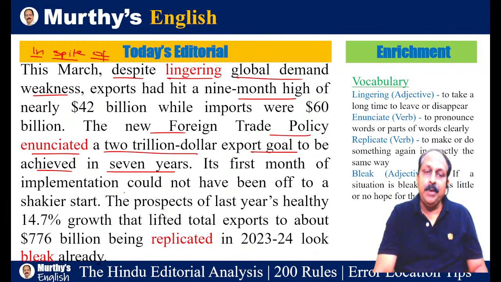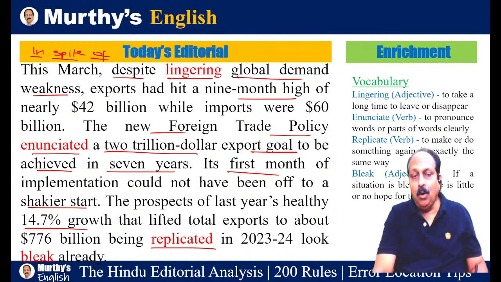Its first month of implementation couldn't have been off to a shakier start. So based on this goal to achieve a $2 trillion export goal in 7 years, what has happened? In the first month of implementation, it could not have been off to a shakier start. The prospects of last year's healthy 14.7% growth, that lifted total exports to about 776 billion US dollars, being replicated in 2023-24, look bleak already.